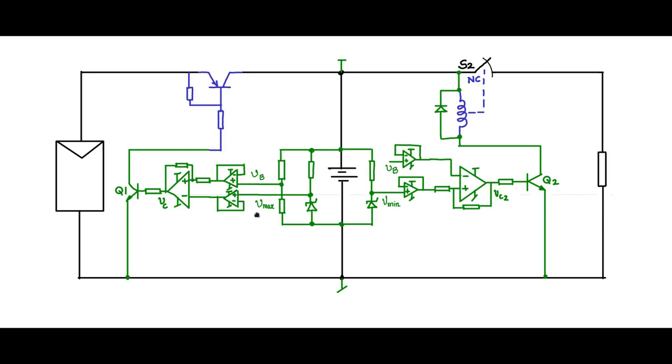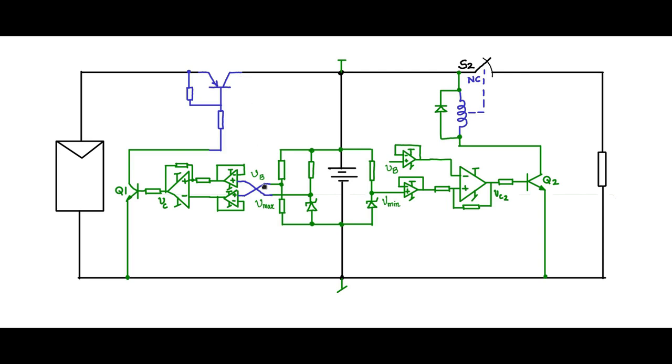And one more modification here, we need to give VB to this and Vmax to here. So now the logic will be okay. Now Vmax is given to the positive, VB is given to the negative. So normally VB is less than Vmax, so this is high, Q1 is on, the base current flows, and this will be on.